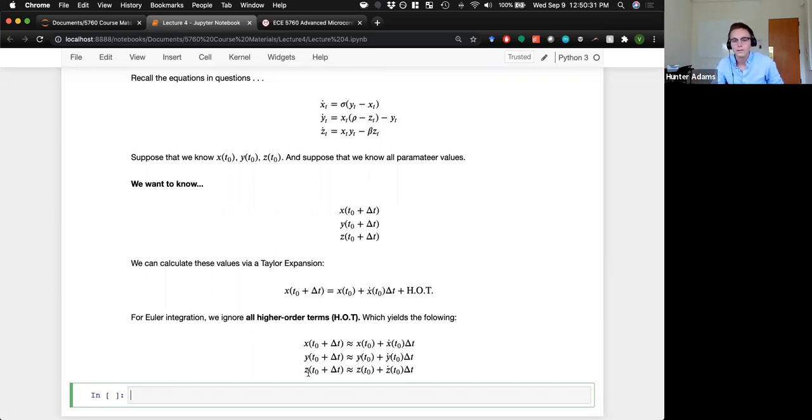That would give us x, y, and z at t1. If we wanted t2, we would do exactly the same thing: substitute x at t1 into all these expressions, calculate x dot, y dot, and z dot at t1 multiplied by delta t, and so on and so on and so on.